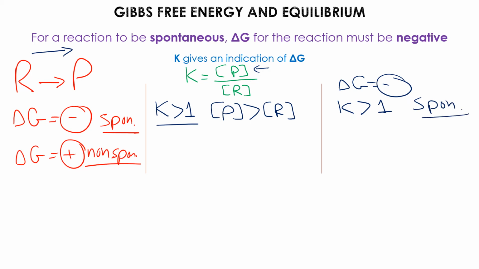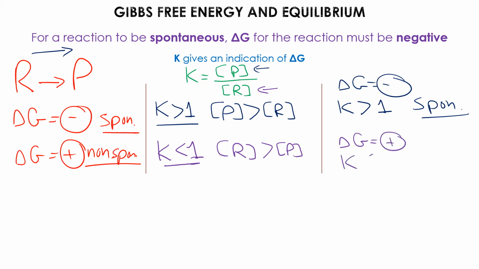But if we have K lower than 1, what does it mean? We have to check the reactants. The reactants' concentration is much higher than the products' concentration. So in this case, delta G is positive. Why is delta G positive? When K is lower than 1, it means that the reactants are hardly reacting to form products, so the reaction is non-spontaneous.